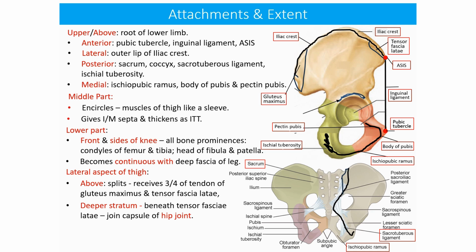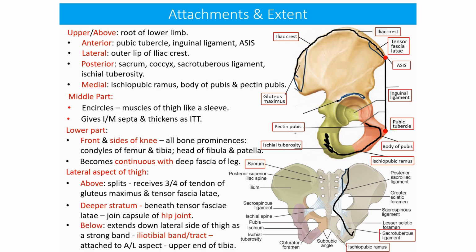The deep layer of this split passes beneath the tensor fascia lati and joins capsule of the hip joint. Below, the fascia lata extends down on the lateral aspect of the thigh as a strong band, the iliotibial tract, which is attached to the anterolateral aspect of the upper end of the tibia.